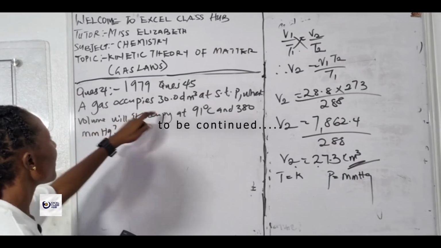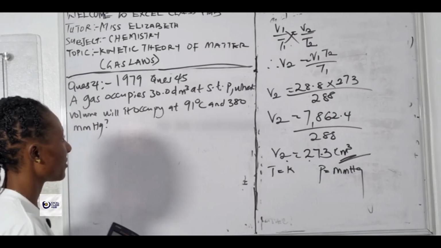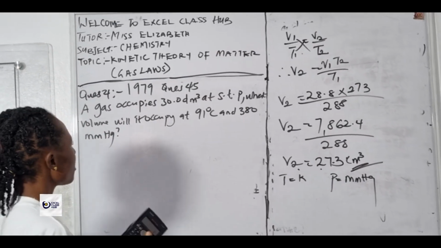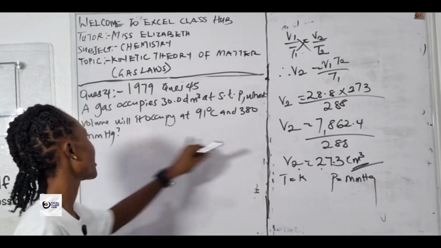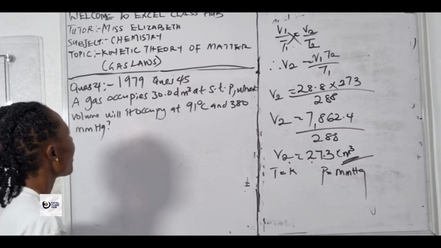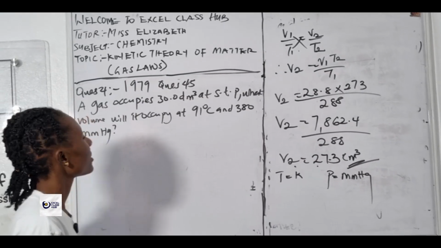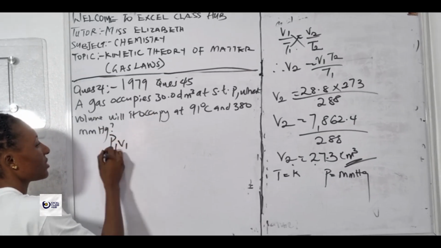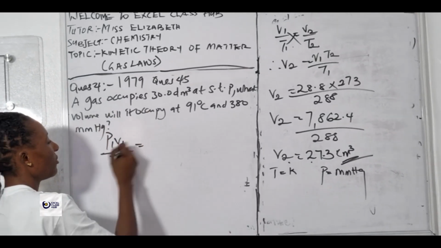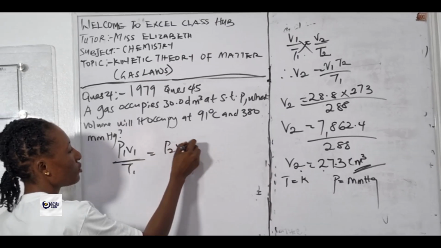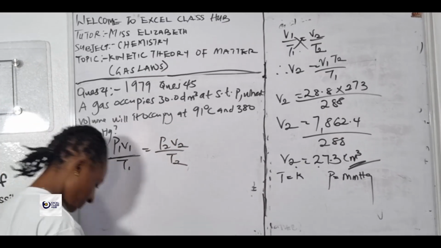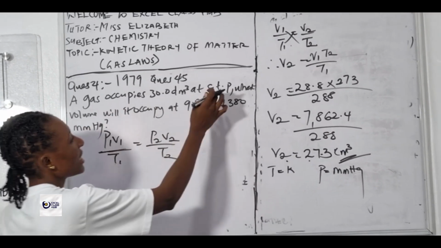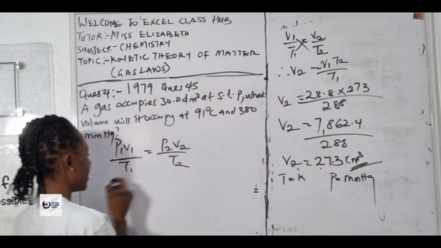Okay, a gas occupies 30.0 dm cube at STP. What volume will it occupy at 91 degrees Celsius and 380 millimeter mercury? You don't have to stress yourself on this question. This is just talking about the general gas equation that we did today: P1 V1 over T1 is equal to P2 V2 over T2. Mind you, the question states at STP.